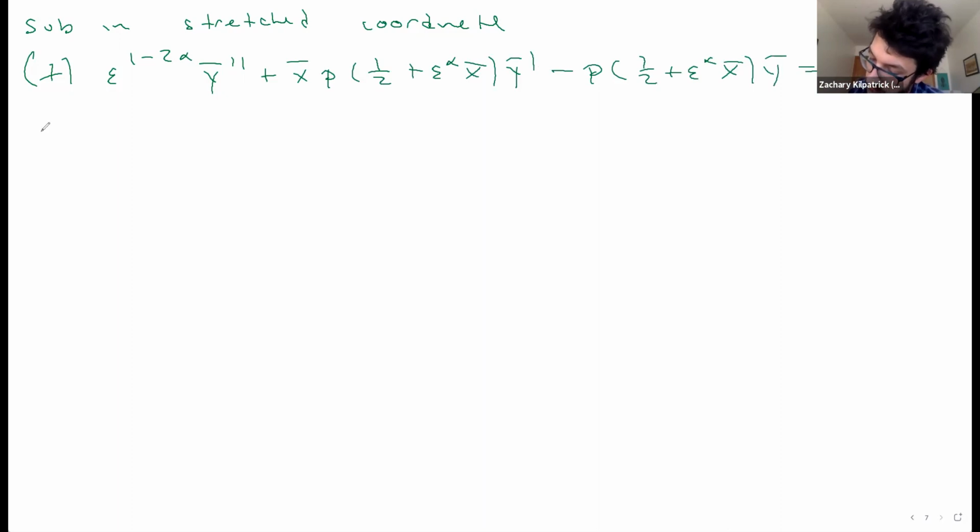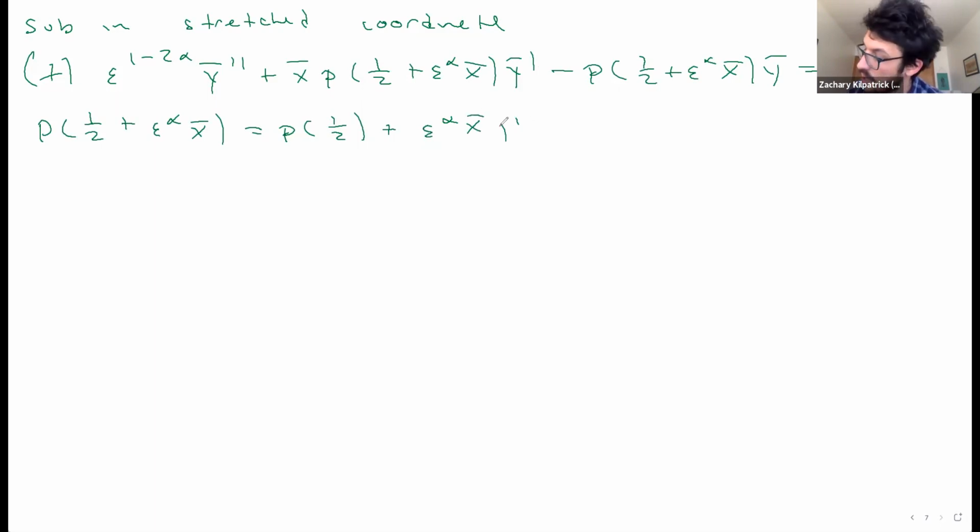Okay. Now I'm going to Taylor expand p to truncate out some of that. So I get p of 1/2 plus epsilon to the alpha x bar p prime of 1/2, and so on. So because of my assumption at the outset, I basically get 1 plus an order epsilon to the alpha term.